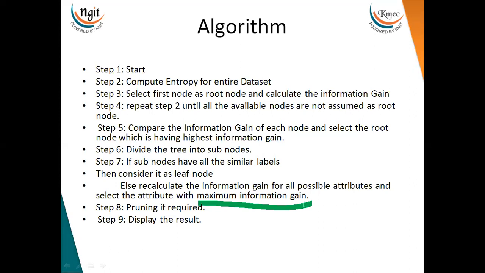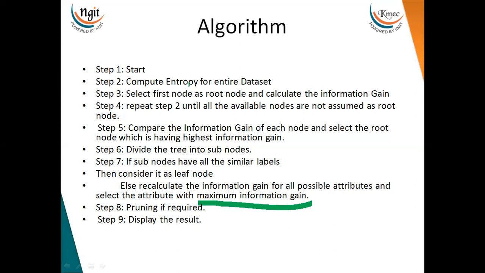Out of all the information gains, whichever is maximum, that is the best attribute. Now the information gain depends on entropy. That's why we need the entropy of the entire data set, as well as the entropy of each feature, because we have to take the weighted average. That weighted average we subtract from the entropy of the entire data set.